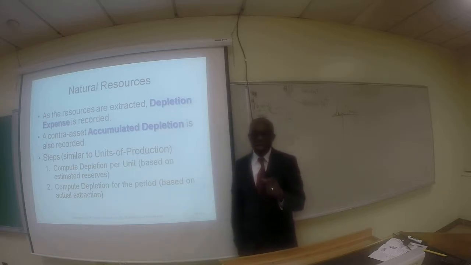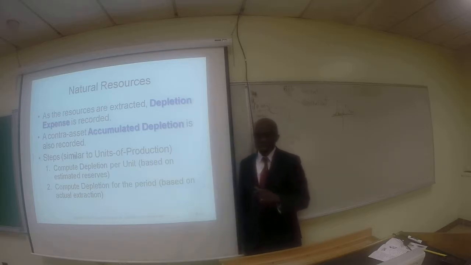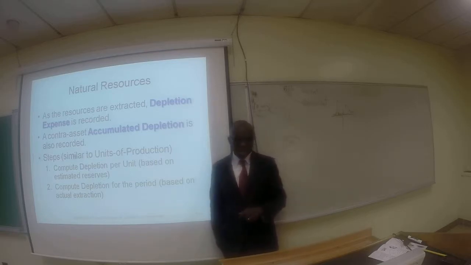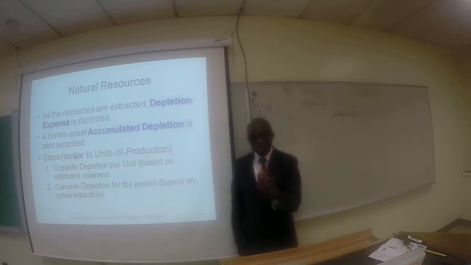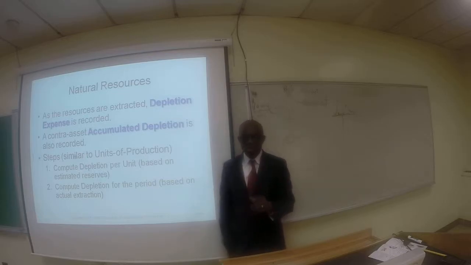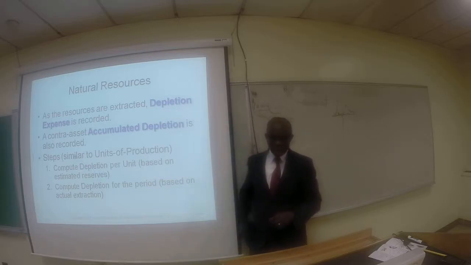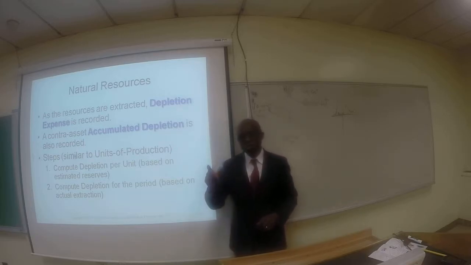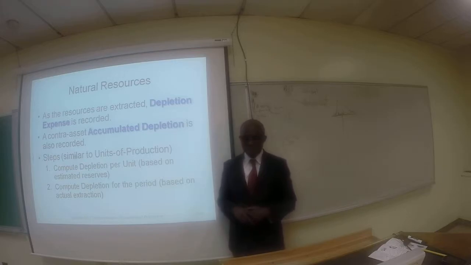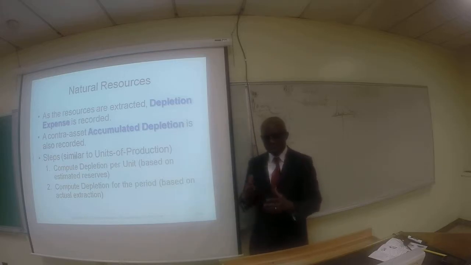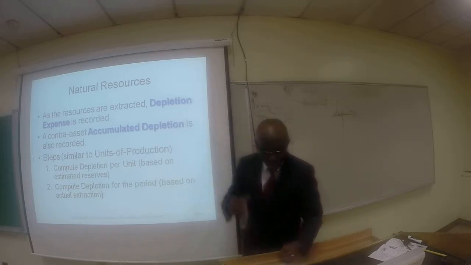We also create an accumulated depletion, which is also a contra account, just like accumulated depreciation. The steps we use in calculating the depletion expense are very similar to the units of production method. First we compute the depletion per unit, and we compute the depletion for the period based on the amount of extraction.